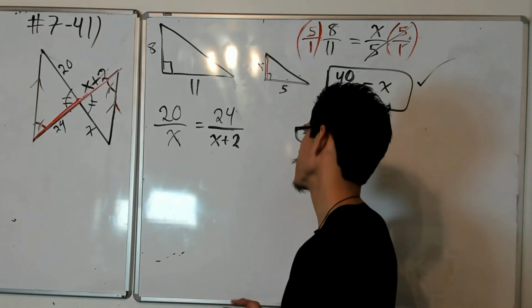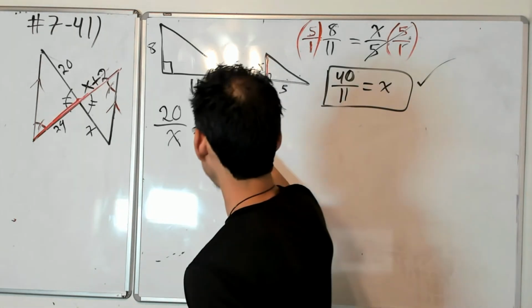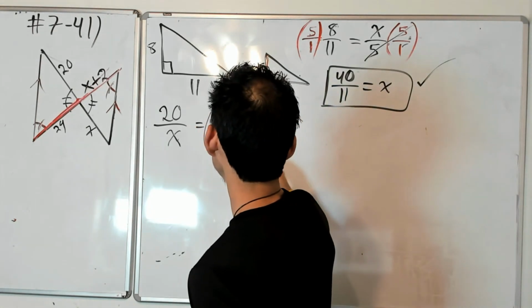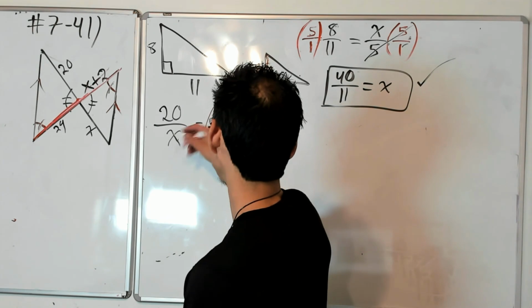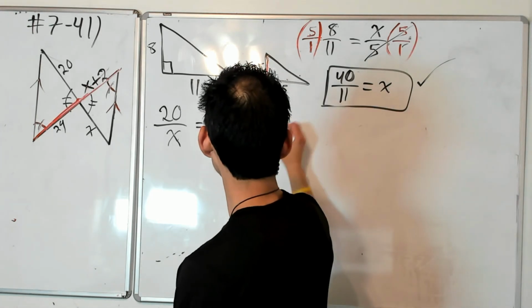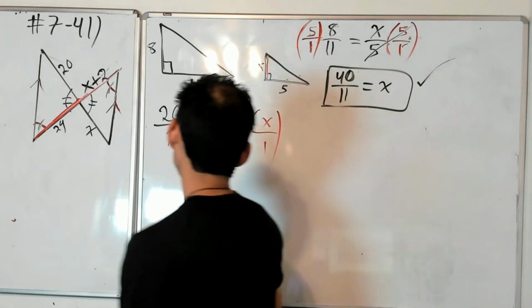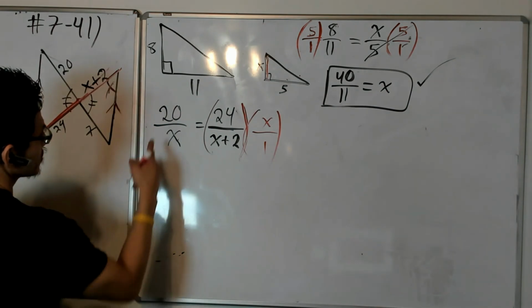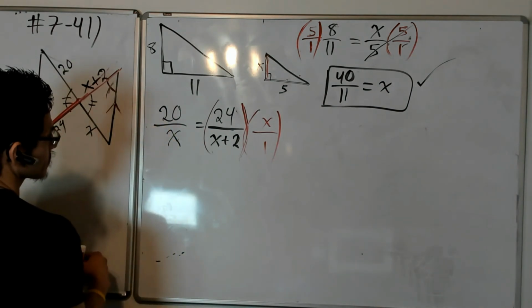So what do you do? All you do is cross multiply, meaning that you multiply this side by x over 1 and this side by x plus 2.